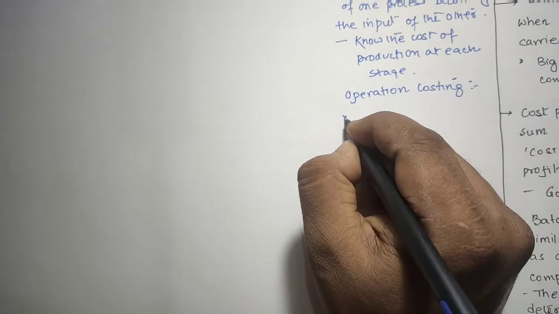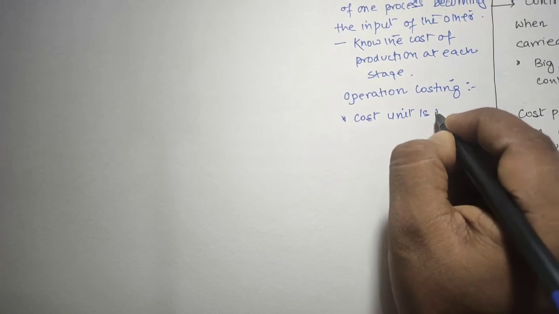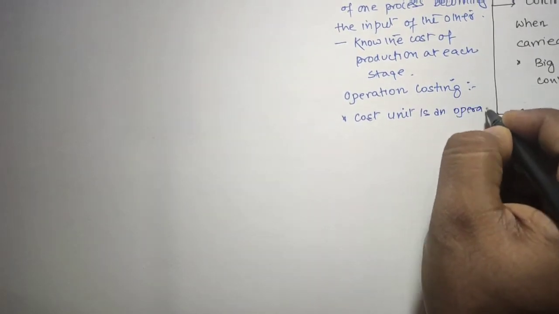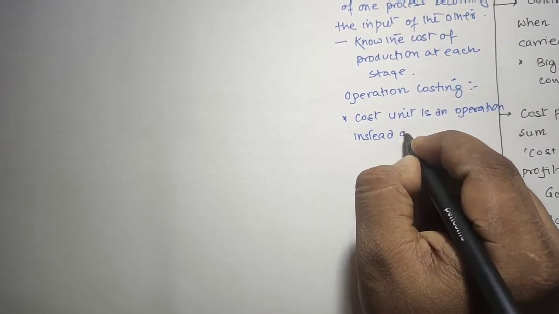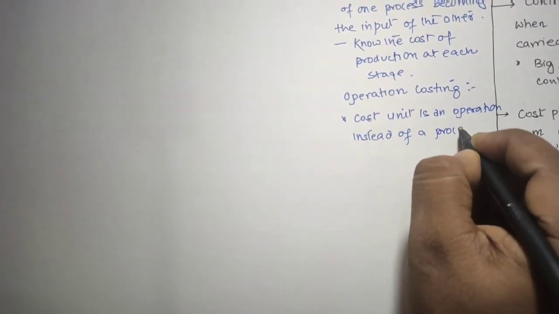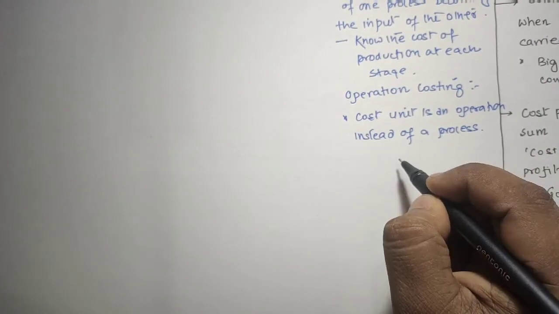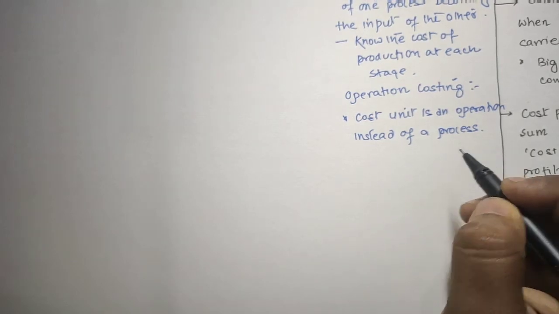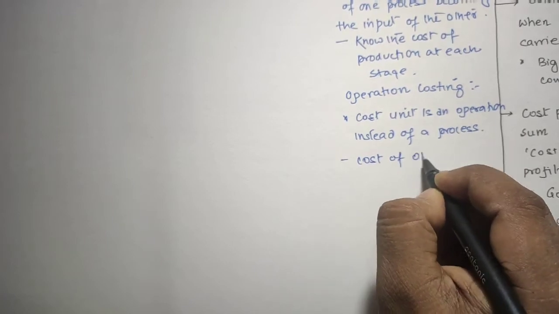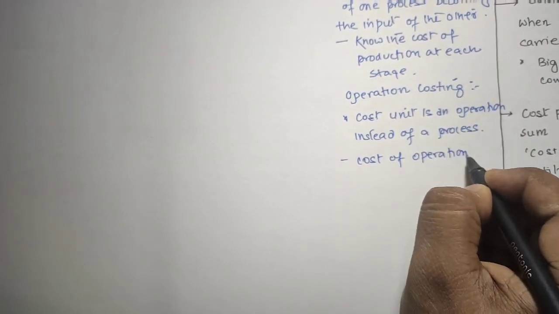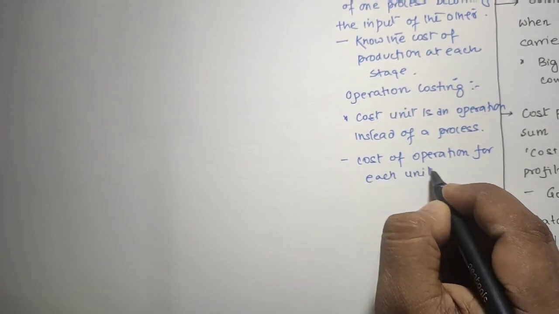But here the cost unit is an operation instead of a process, and here a large undertaking involves a number of operations, and it is important to compute the cost of operation for each unit.